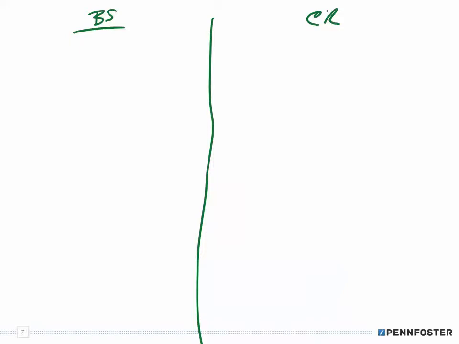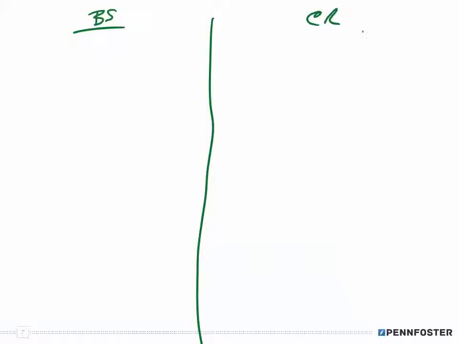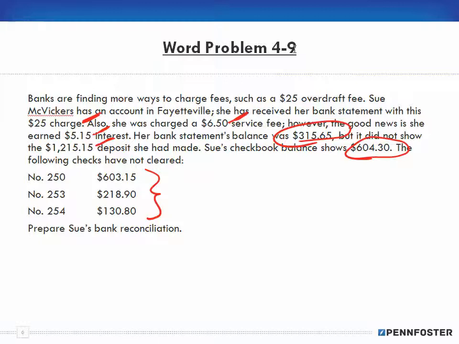Draw a line down the middle of the page: bank statement, check register. It says her checkbook balance was $640.30, and the bank statement was $315.65.